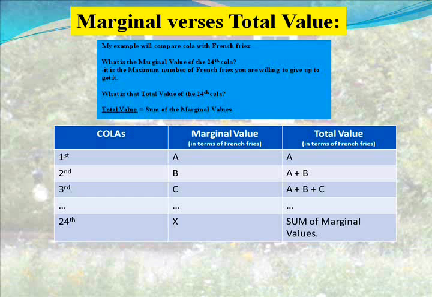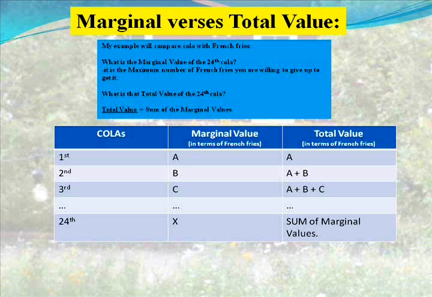Below is a chart showing on the left column the colas first through the 24th cola. The middle column, marginal value in terms of French fries, in other words, A number of French fries, B number of French fries for the second cola, C number of French fries for the third cola, etc. And the right-hand column shows the total value in terms of French fries, in other words, the total value for that first cola is A number of French fries.